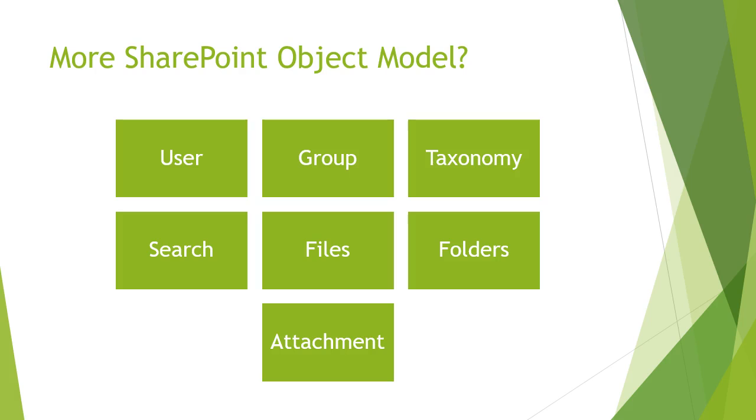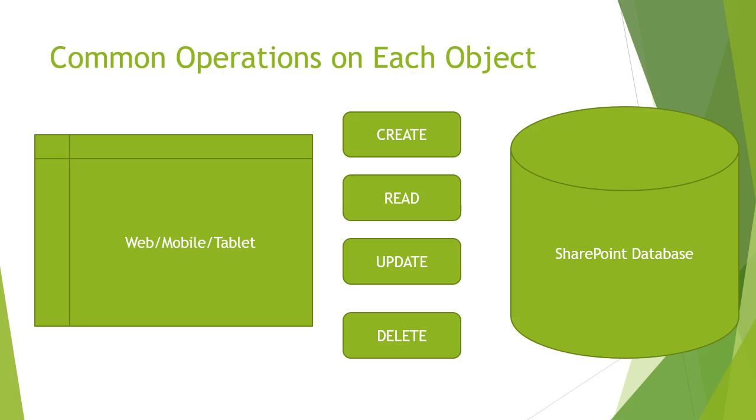We definitely have come across people frequently using user, group, lot of questions on files, folders, attachments, search, taxonomy. So there are a lot of objects and many more based on your needs. These are the most common things which are mostly used in the SharePoint world.